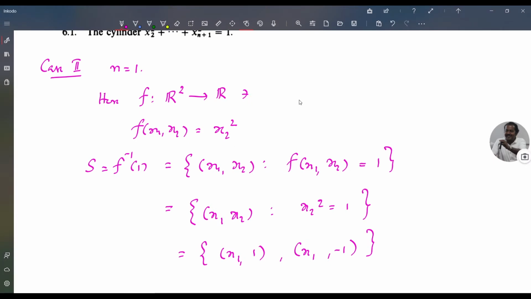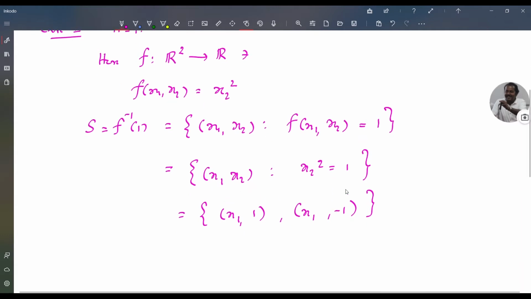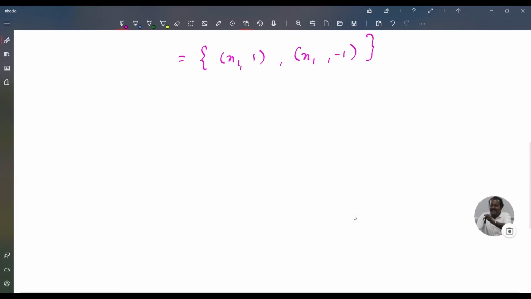Here the function f is from R2 to R such that f of x1, x2 is equal to x2 square. So S is f inverse of 1, that is the set of all (x1, x2) such that f of x1, x2 equals 1. That is equal to the set of all (x1, x2) such that x2 square is 1. So that is the set of all (x1, 1) and (x1, minus 1). And you can see that it is these two lines.